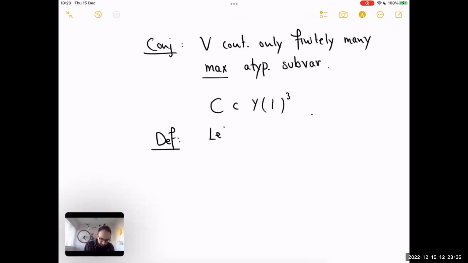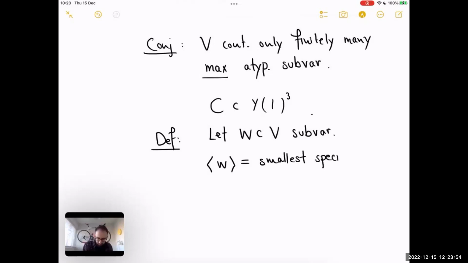So let W be a subvariety of V. Then there are some objects you can attach to W. So first of all, there's a smallest special subvariety that contains W. Okay, that's because special subvarieties intersect in finite unions of special subvarieties.